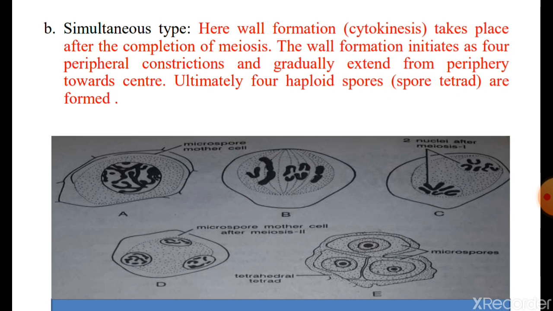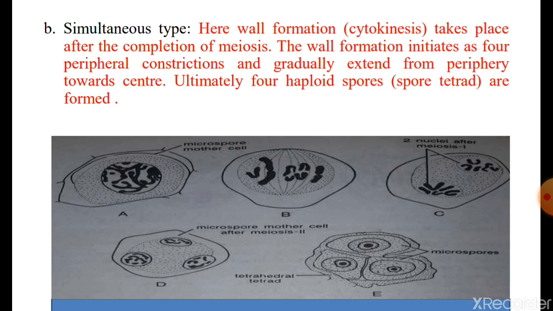The second kind of division, that is simultaneous type, here wall formation, that is cytokinesis, takes place after the completion of meiosis. That is, when both meiosis first and second take place, 4 haploid nuclei are formed, and then wall formation takes place. Here the wall formation takes place as 4 peripheral constrictions and gradually extends from periphery towards center.